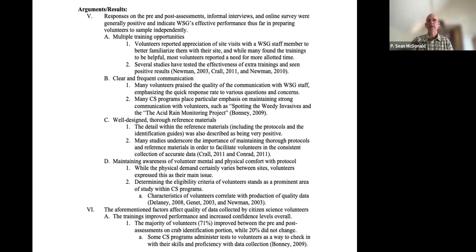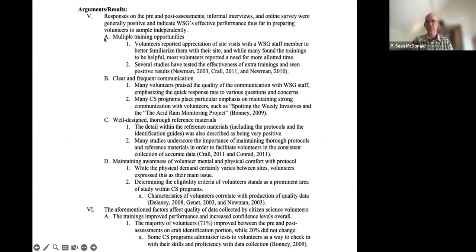In this case, the major findings are these things: multiple training opportunities, clear and frequent communication, well-designed, thorough reference materials, maintaining awareness of volunteer mental and physical comfort. Those are the big takeaways.